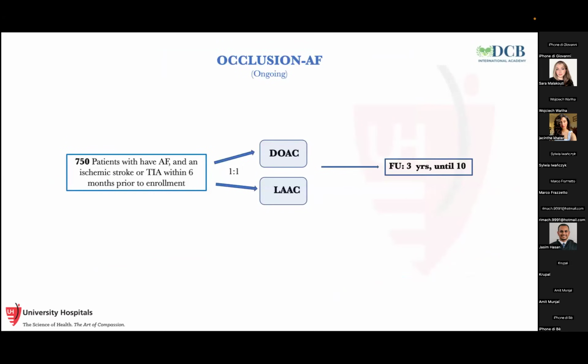This is the reason why they decided to design a trial with transcatheter left atrial appendage occlusion: 750 patients with atrial fibrillation with ischemic stroke or transient ischemic attack within the 6-month period of enrollment, with an adequate regimen of oral anticoagulant therapy, randomized to continue the DOAC or perform left atrial appendage occlusion without interrupting the anticoagulant regimen. Follow-up is 3 years until 10.